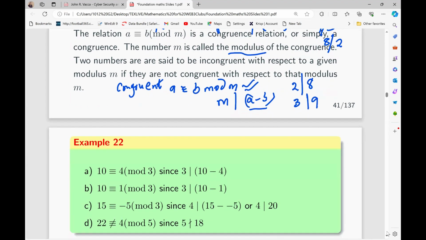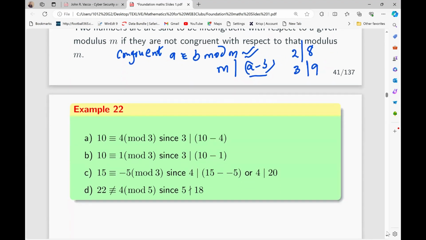Now, this is an example just to make that definition sink. For instance, we can say 10 is congruent to 4 mod 3. Our M is 3 in this case.